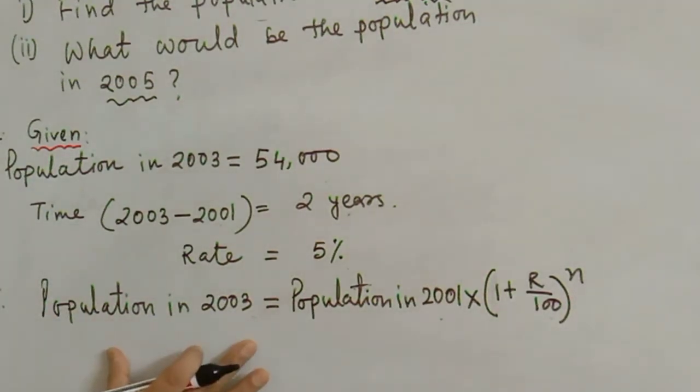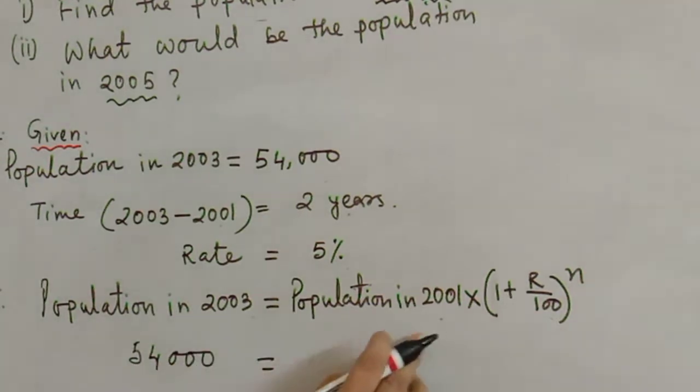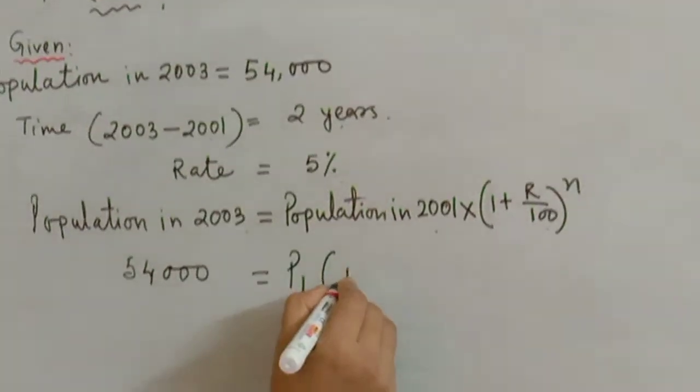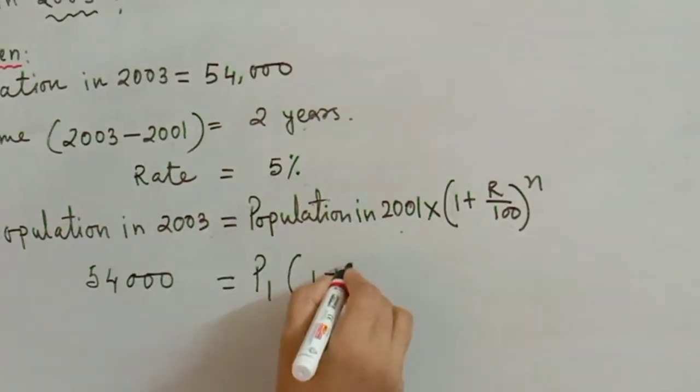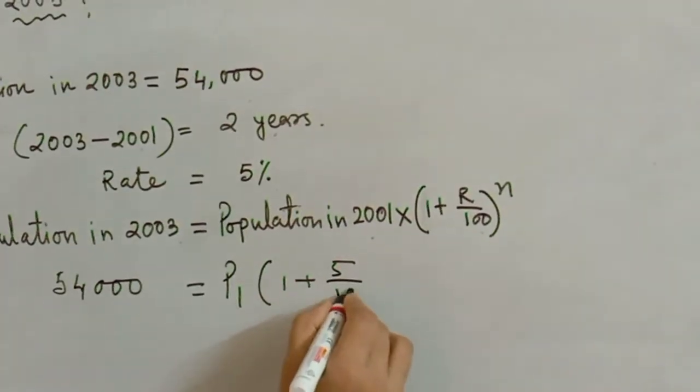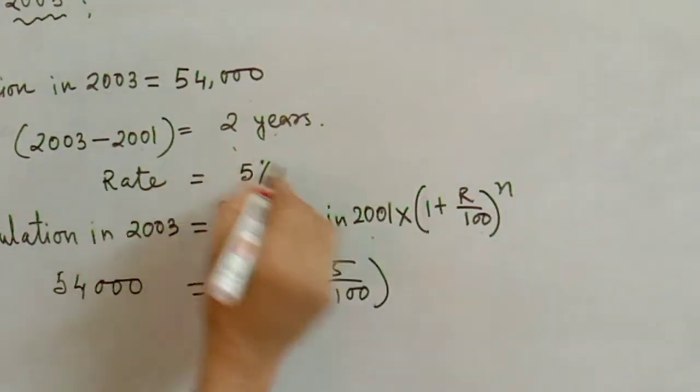Population in 2003, which is given here, 54,000, is equal to population in 2001, which we don't know. Can I take it as P1, into 1 plus rate percent, which is 5 by 100, and time here is 2 years, so power 2.